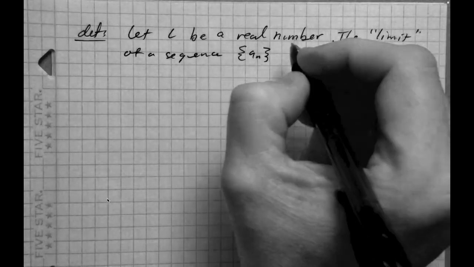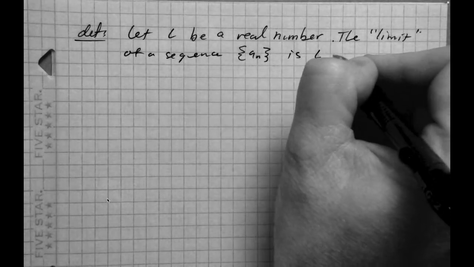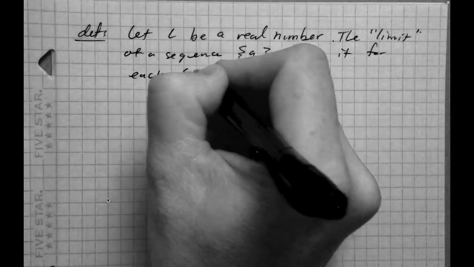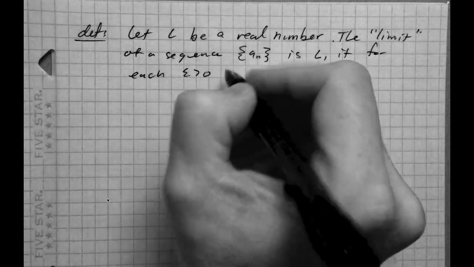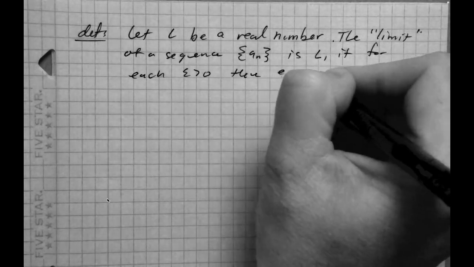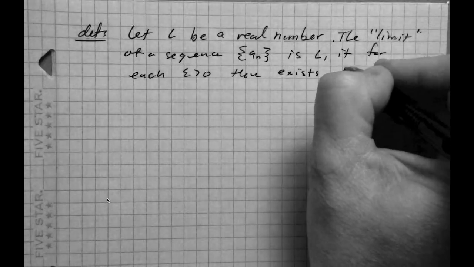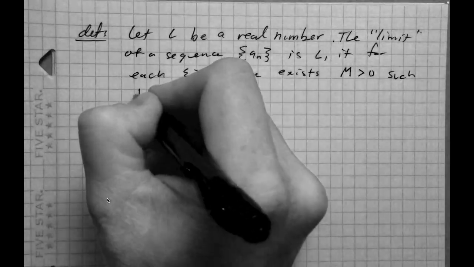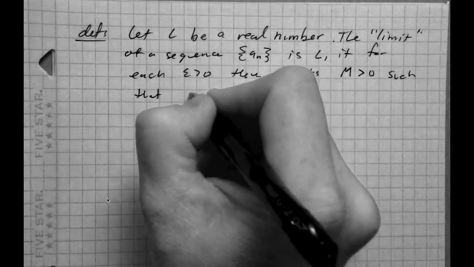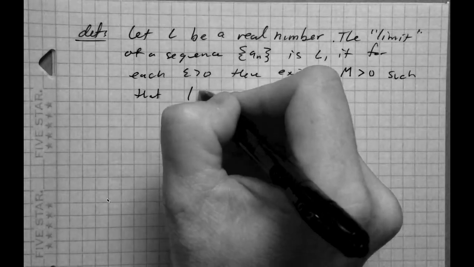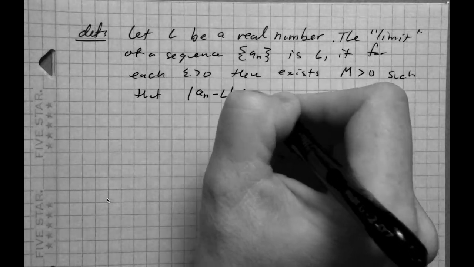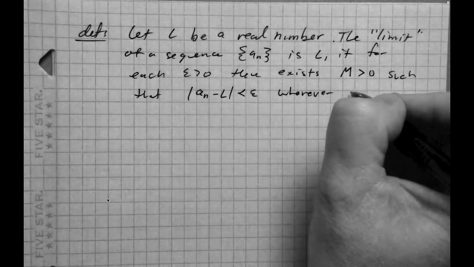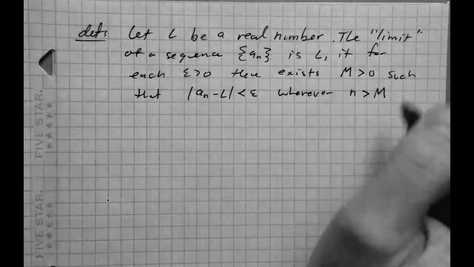So the limit of a sequence a_n is L if for each epsilon greater than 0, there exists an M, capital M, greater than 0, such that the absolute value of a_n minus L is less than epsilon whenever n is greater than M, little n is greater than M.